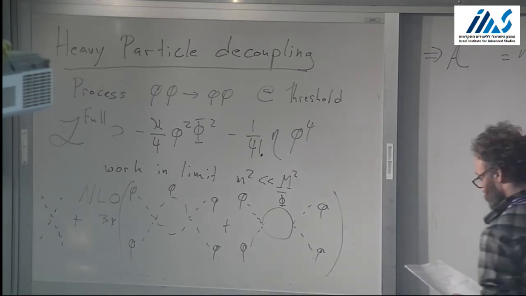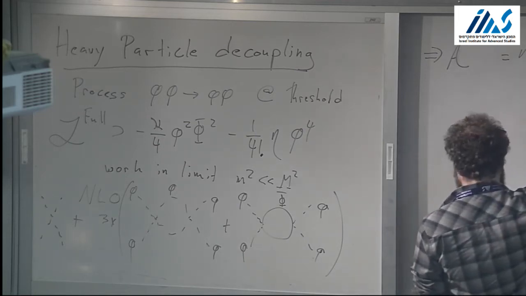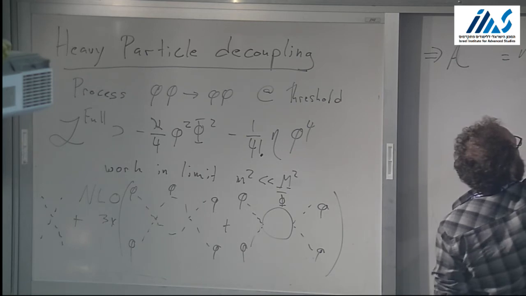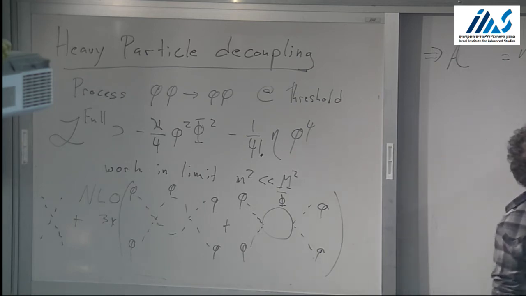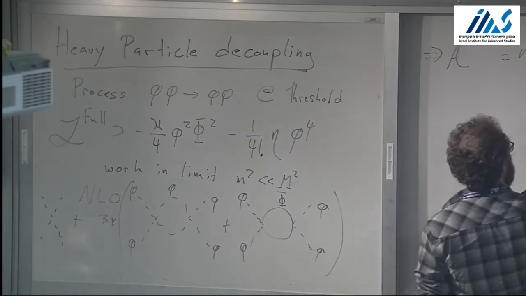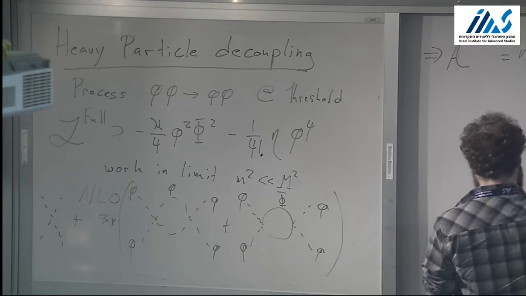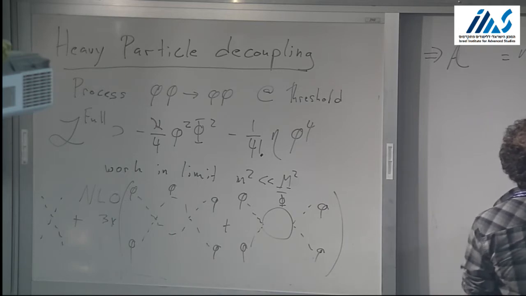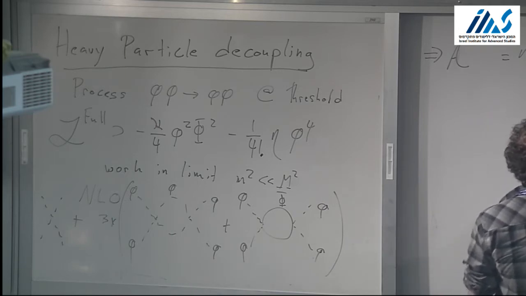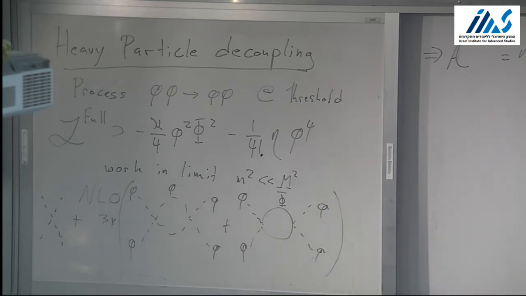So we have eta, and then we have 3 over 32 pi squared times eta squared log mu squared over m squared, plus that 2/3 that came from the S channel. And then we also have a new thing, which is 3 kappa over 32 pi squared times log mu squared over big M squared. And then there's stuff that I'm not writing.